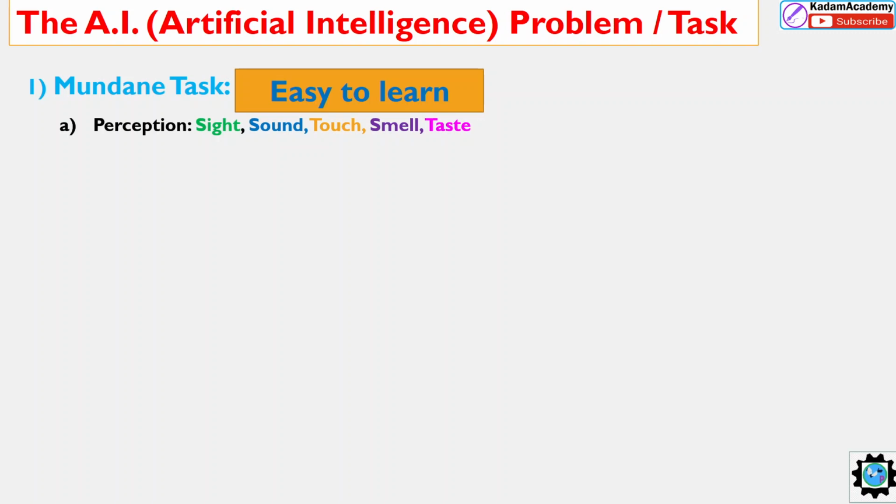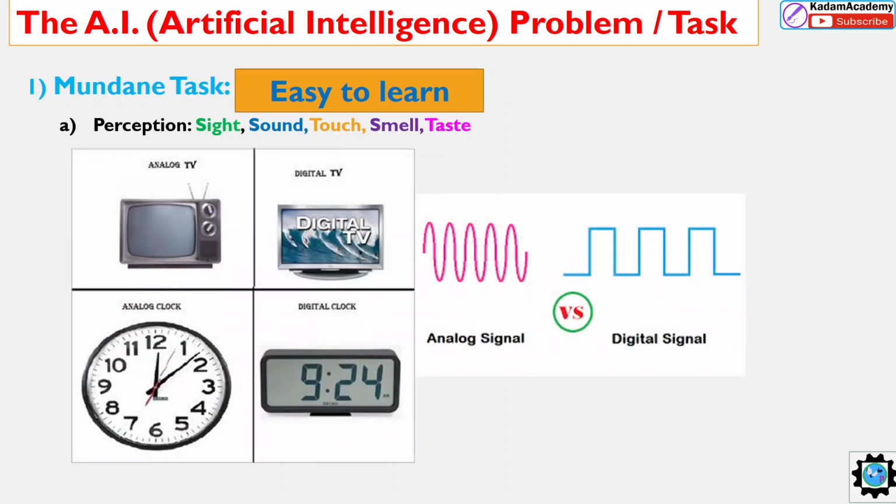These five senses work for humans to collect signals, and perception tasks are difficult because they involve analog rather than digital signals.